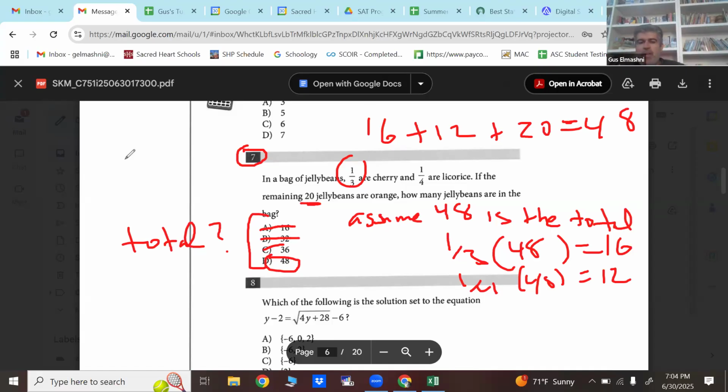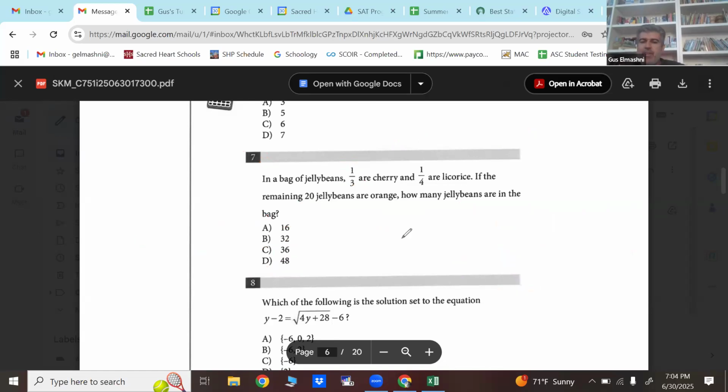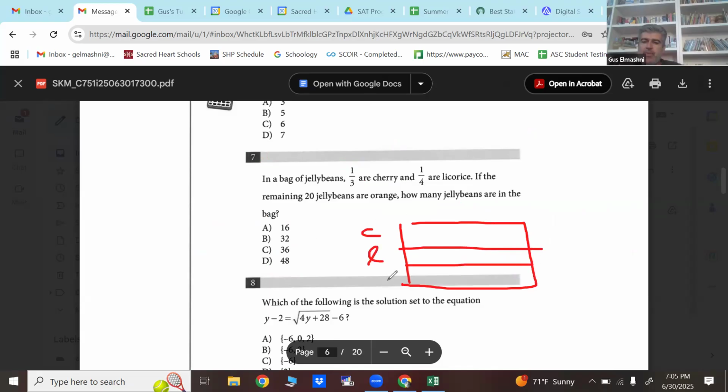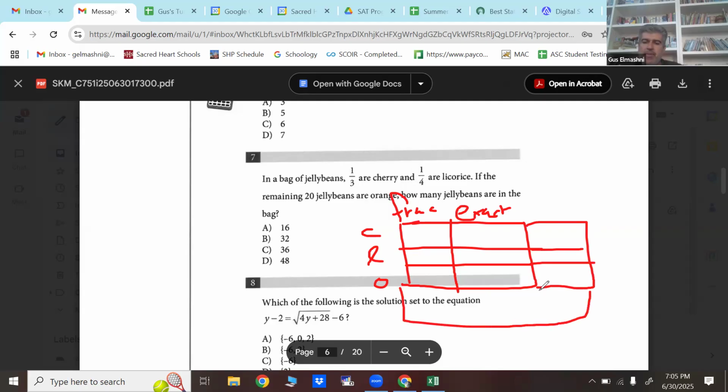So if you wanted to get a little fancier, you could have done this. Make a table: cherry, licorice, orange. The fraction, the exact number. And actually down here, I don't know why I did a third column, that was dumb.